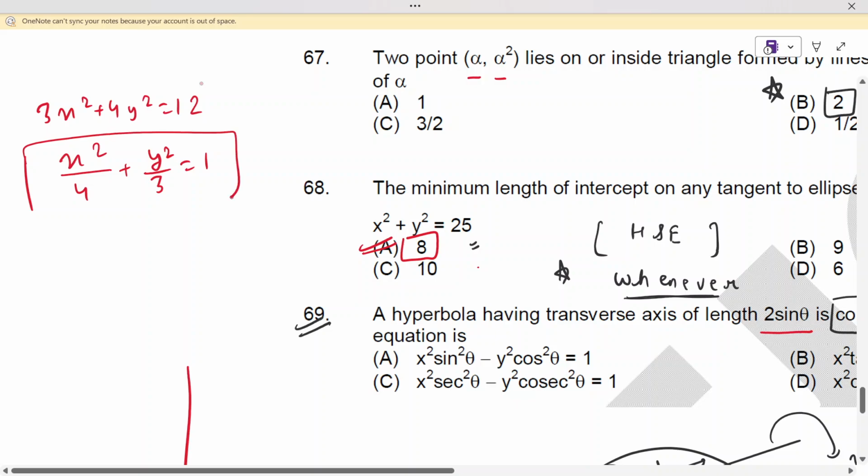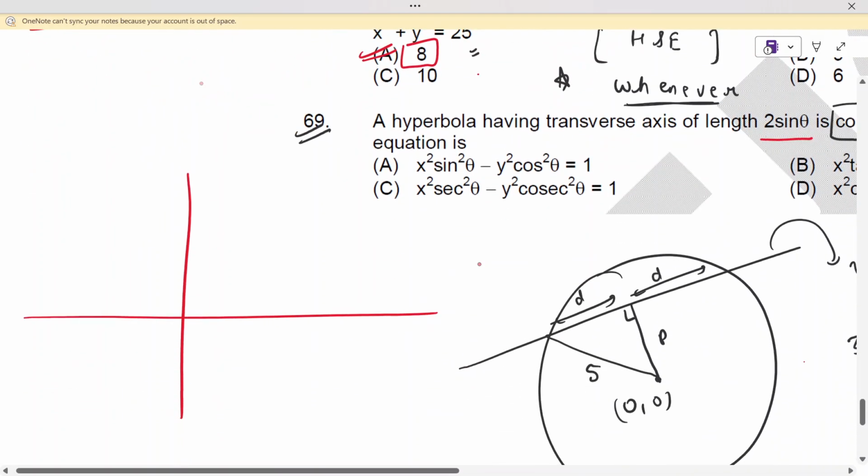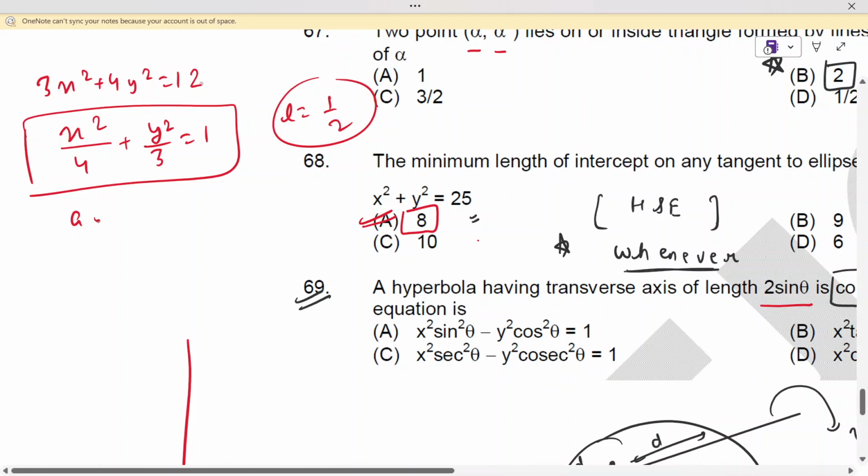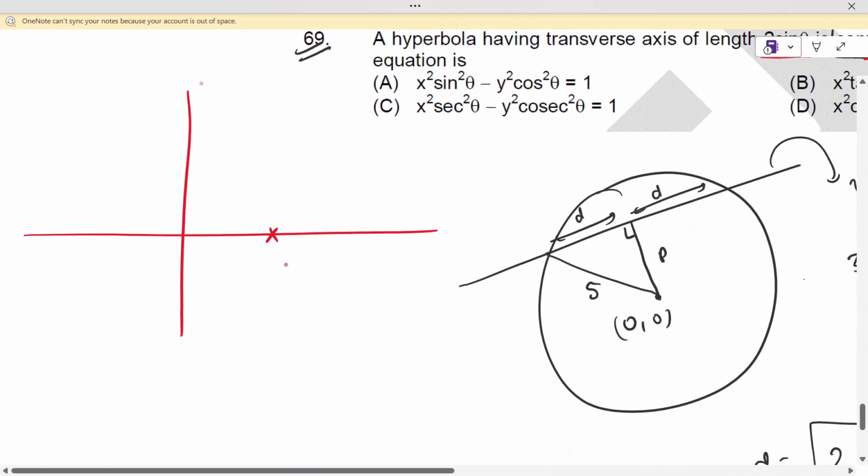Clear? The eccentricity will be 1 by 2, and a is equal to 2. So this point is 1 comma 0 and this point is minus 1 comma 0. Fine.